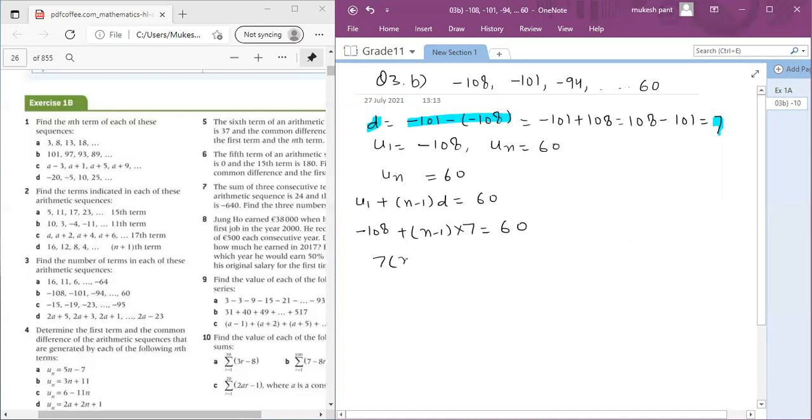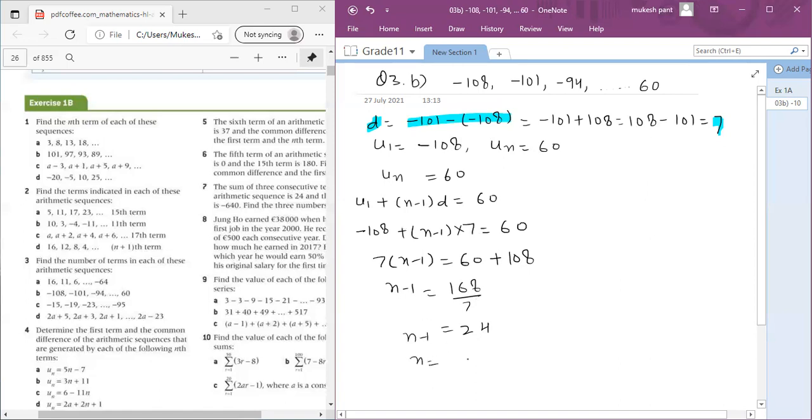So 7(n minus 1) equals 60 plus 108, we can shift the negative 108 to the right hand side, so the negative becomes positive. So n minus 1 equals 168 over 7. 7 times 2 is 14, remainder 28, so 7 times 4 is 28. n minus 1 equals 24.